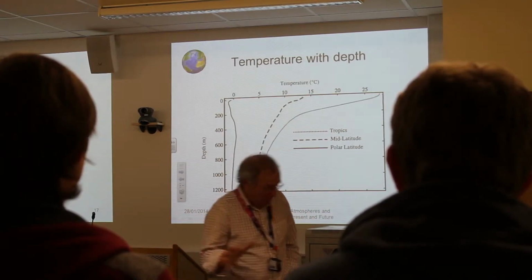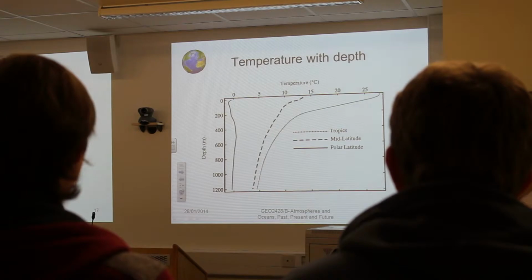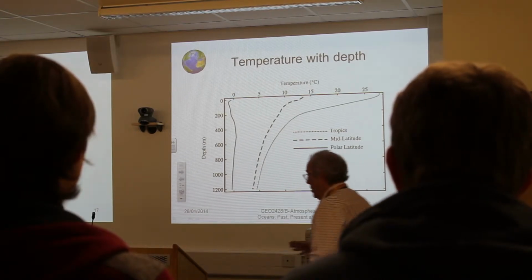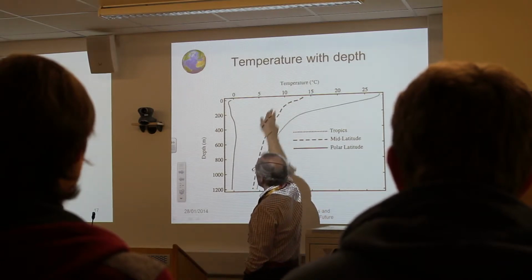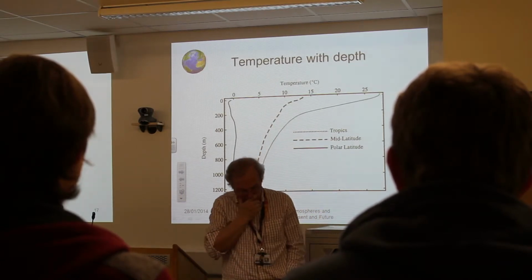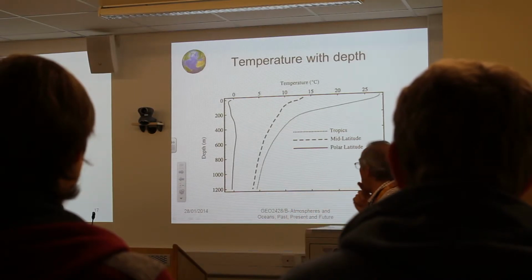The problem with oceans, of course, is that they are three-dimensional and they go with depth. You can't assume that what you see at the surface is exactly the same as what you see with depth, and modelling the ocean is therefore very difficult.